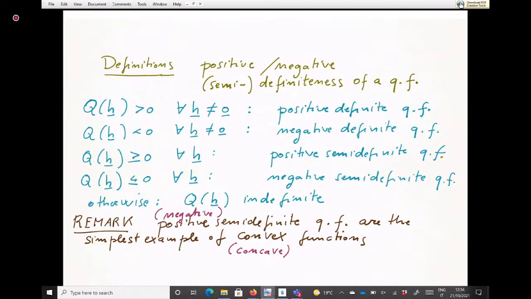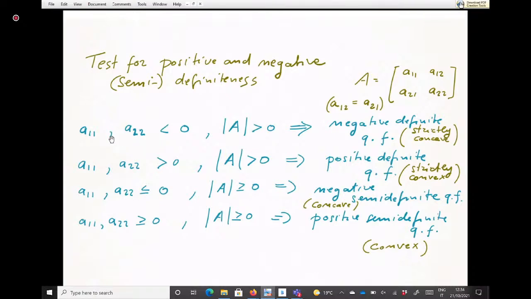These are the rules to conclude whether a quadratic form is negative definite or positive definite, or negative semi-definite or positive semi-definite. Okay, the coefficients in the main diagonal are both negative and the determinant of the matrix is positive, it is negative definite.